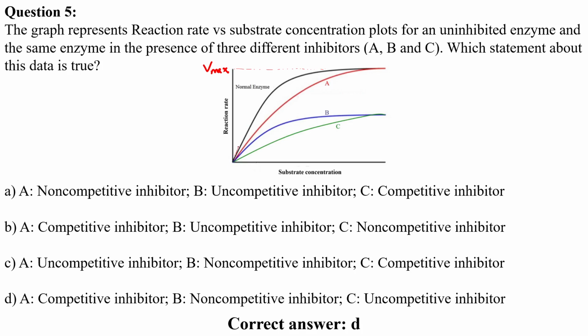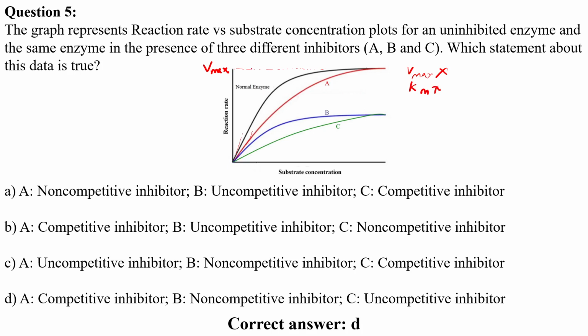So this is the initial velocity in case of the normal enzyme, and this is the initial velocity in case of inhibitor A. The initial velocity is lower because there is inhibition, the rate of catalysis will be slower. But when you keep on increasing the substrate concentration, eventually the enzyme will reach its maximum velocity. So there will be no change in Vmax, but Km will increase.